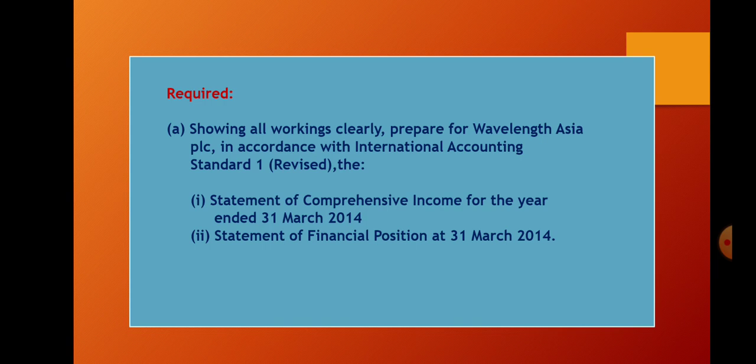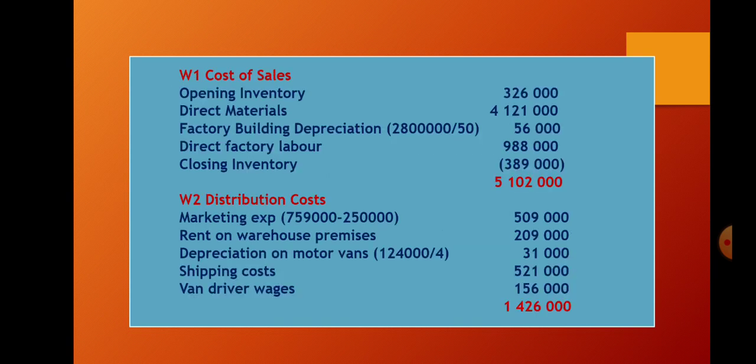So you need to strictly follow the format. So we are required to prepare statement of comprehensive income for the year ended 31st March 2014 and also statement of financial position at 31st March 2014. So let us start with the workings. Always you need to first do the workings, then prepare the format.